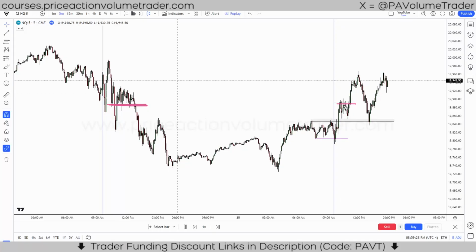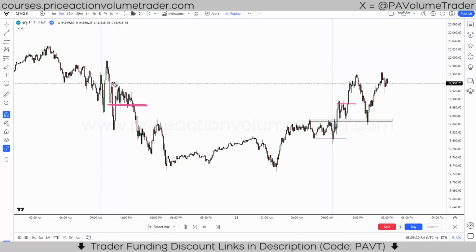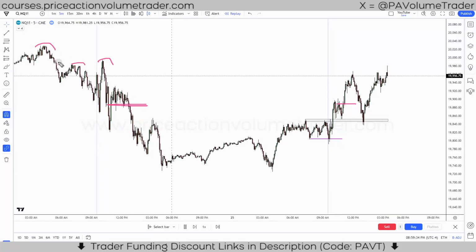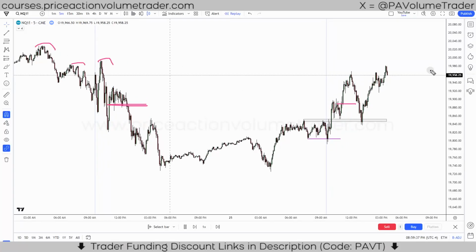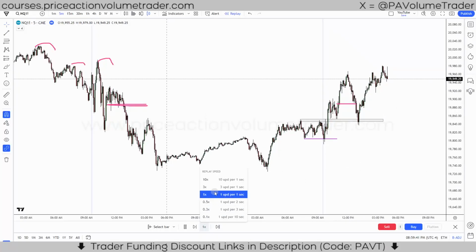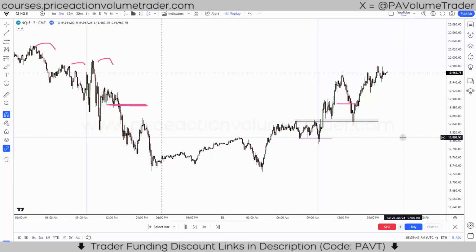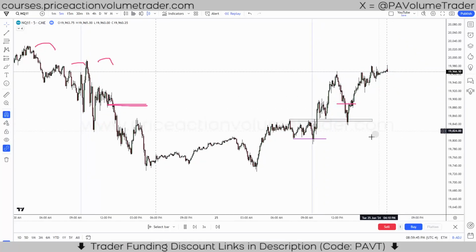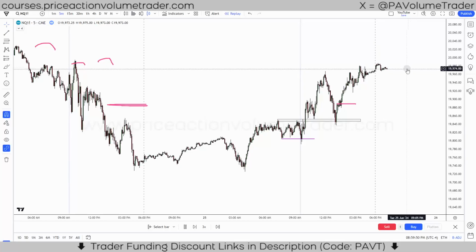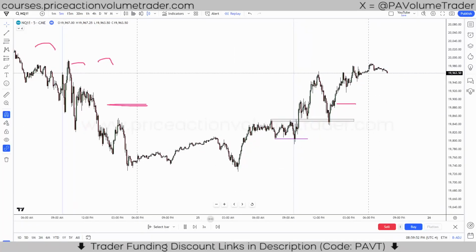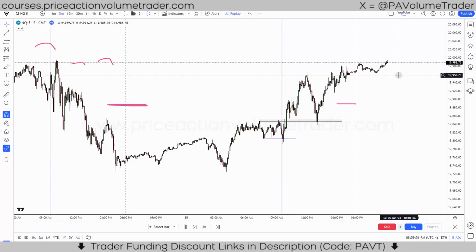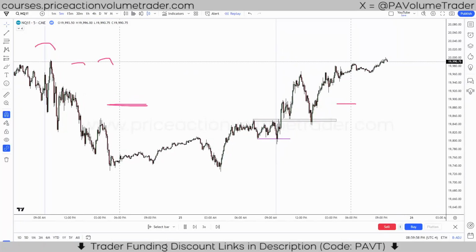So that was a very short target, but we could be looking around the swing high levels from the previous day's session. And if I just accelerate this to go faster, you can see that eventually we do go and hit those levels over there. Right there.